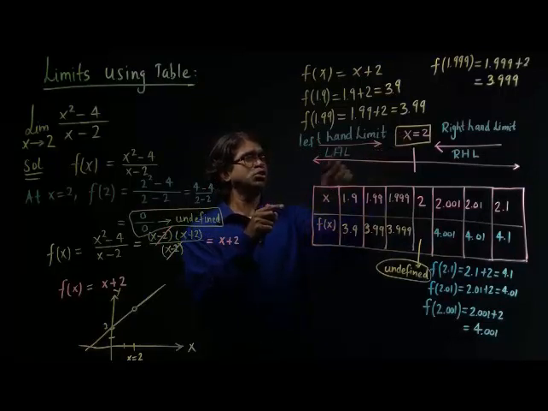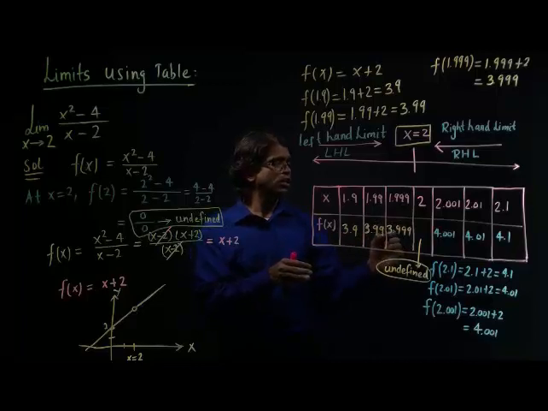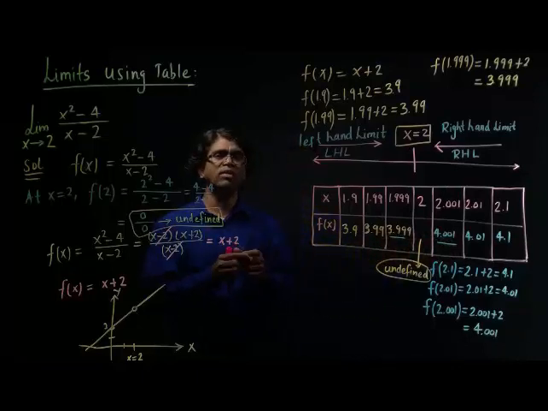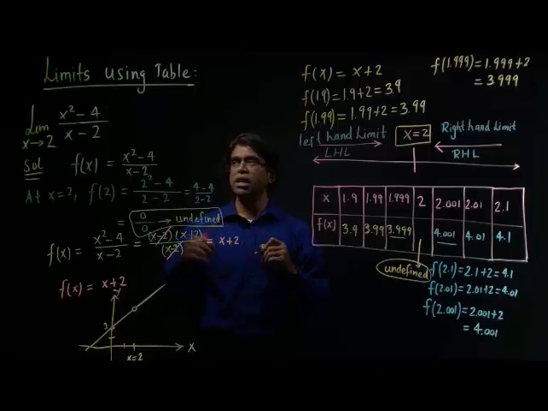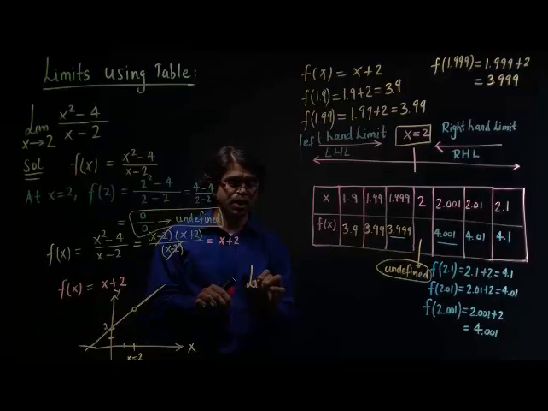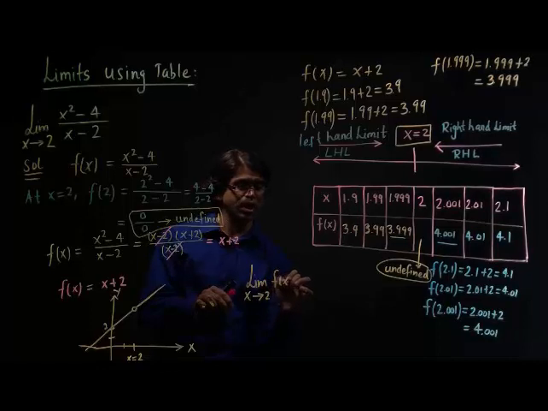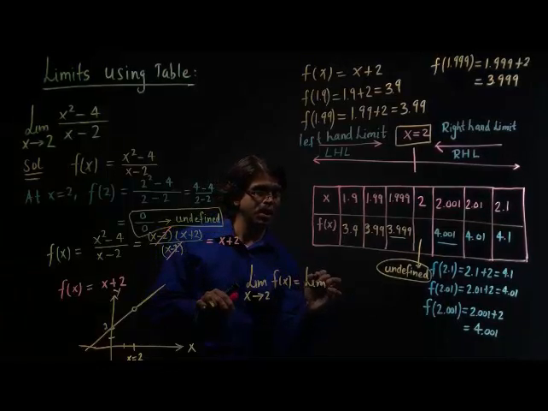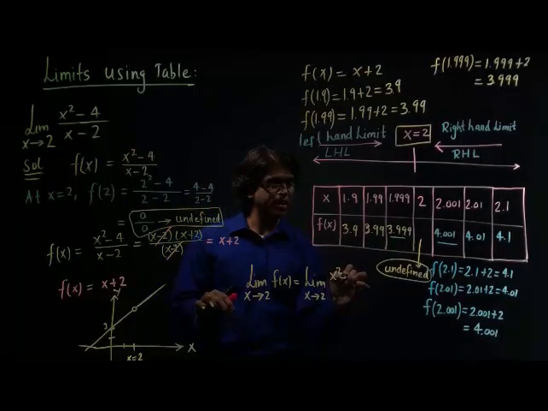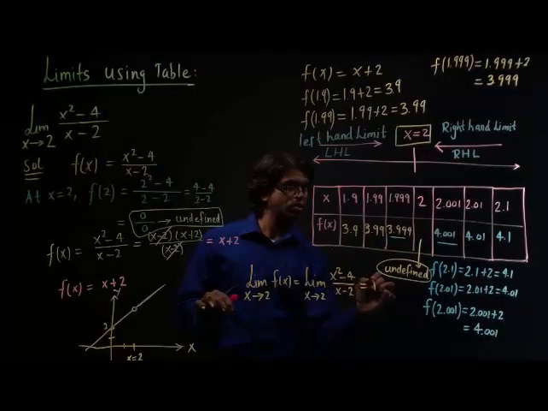As you can see, if we are approaching the point x equals 2 from both left and right, the closer we get, the values are getting close to 4. So what will be the limit? The limit of the function would be limit x tends to 2 of x squared minus 4 over x minus 2, which is equal to 4.